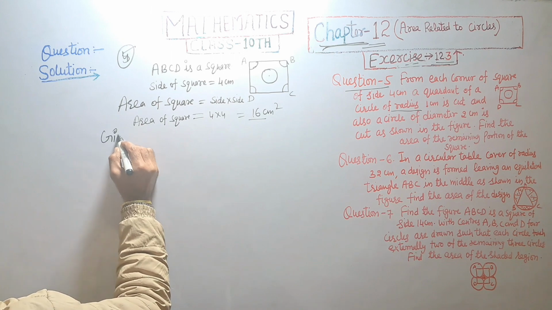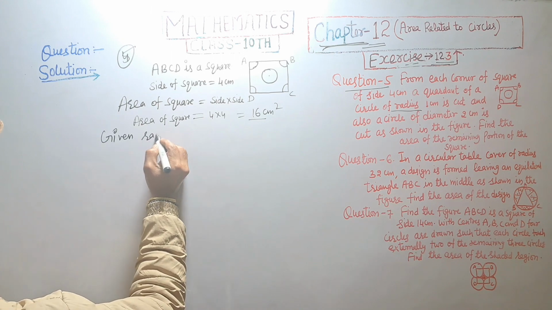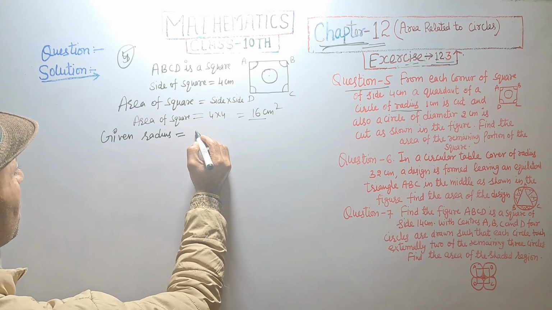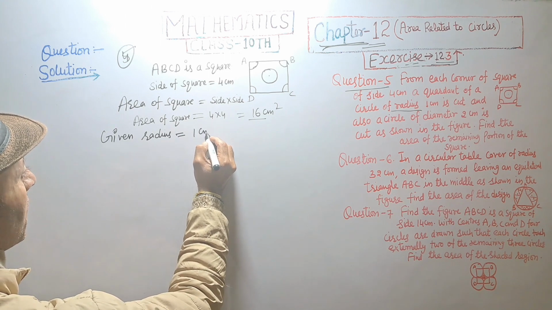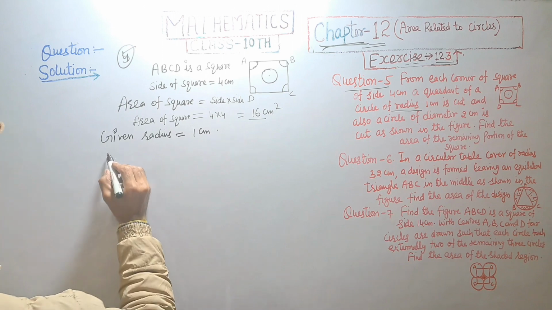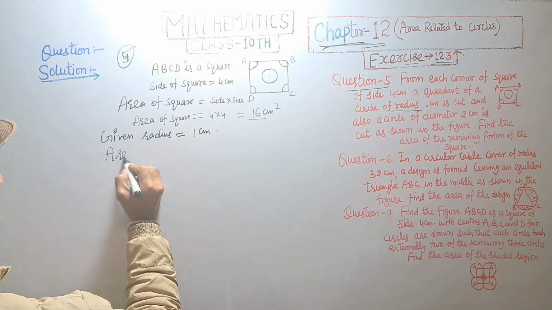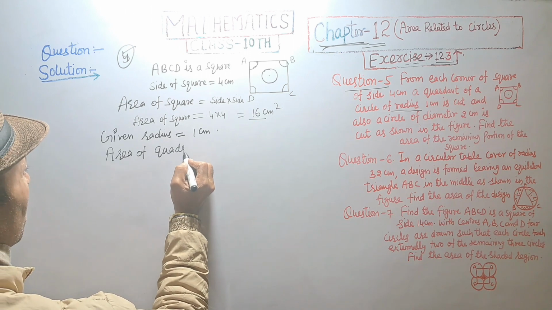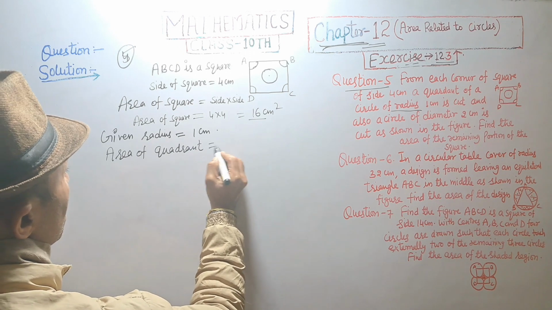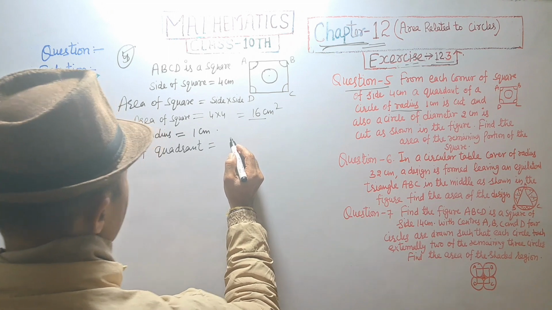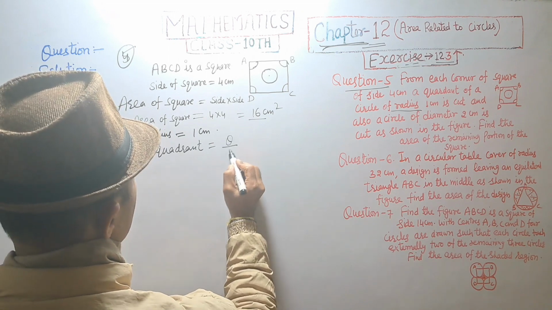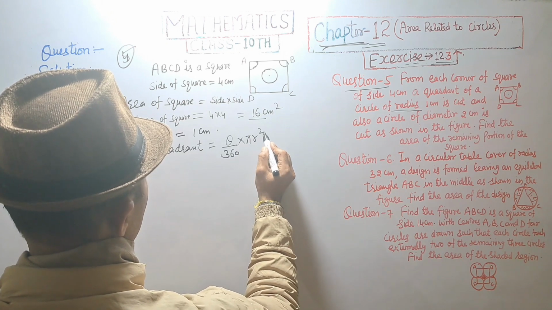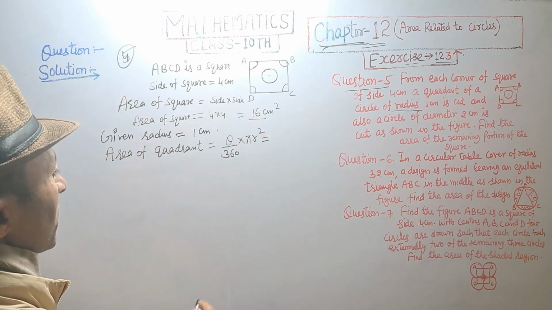Given radius is equal to 1 cm. Area of quadrant is equal to theta upon 360 into pi r square.